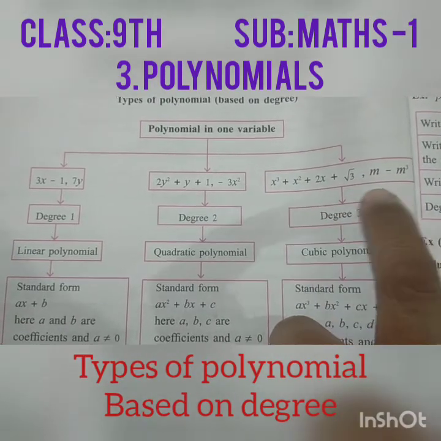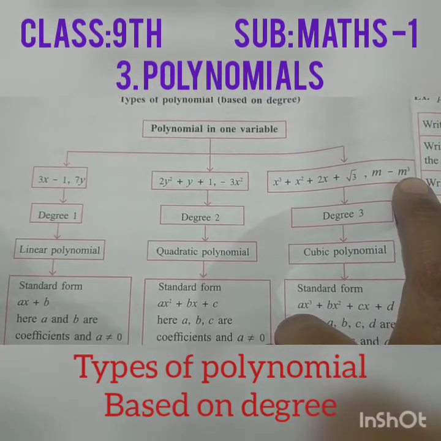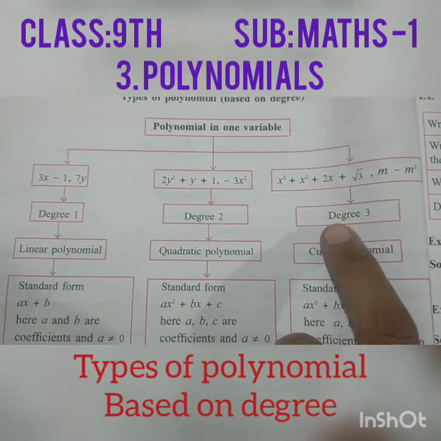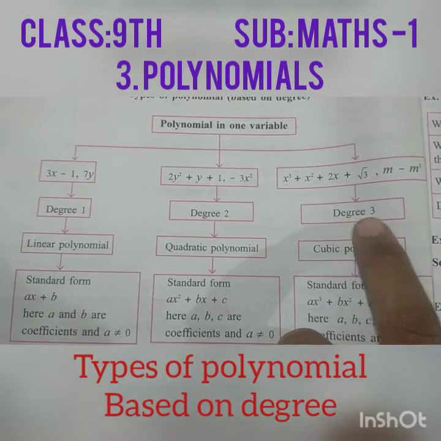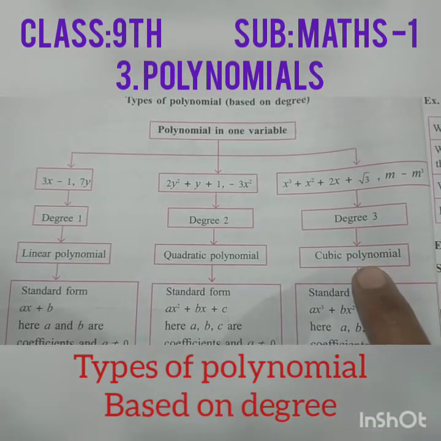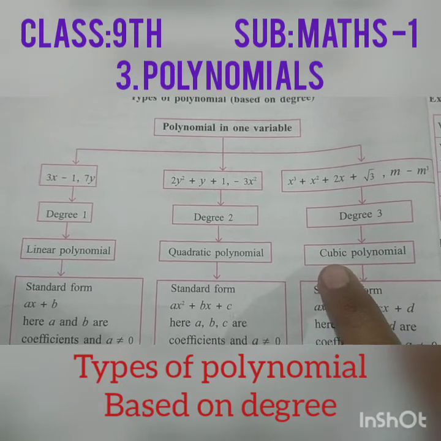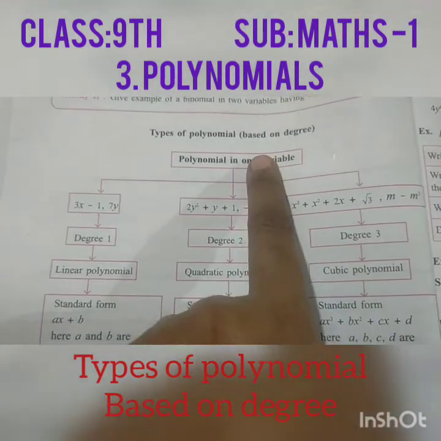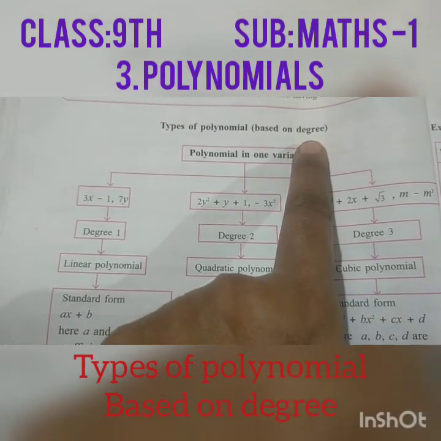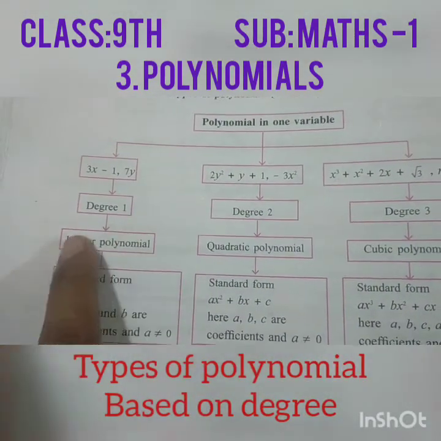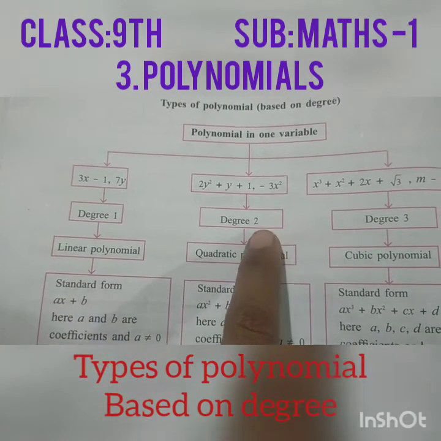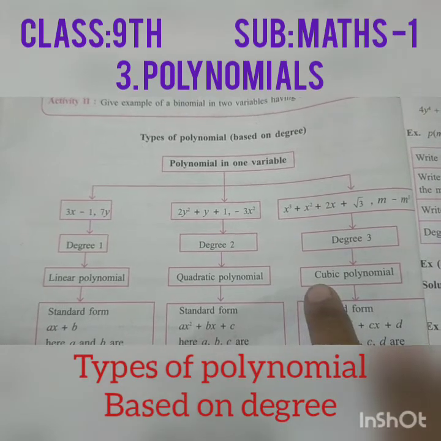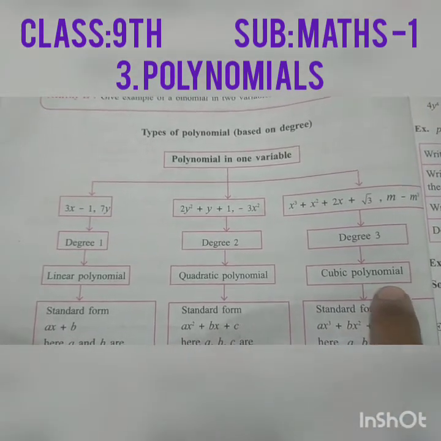In both examples, the highest power is cube. It means degree is 3. If the polynomial has degree 3, then it is called a cubic polynomial. Therefore, the types of polynomial based on degree: if degree 1, it is a linear polynomial; if degree 2, it is a quadratic polynomial; if degree 3, it is a cubic polynomial.